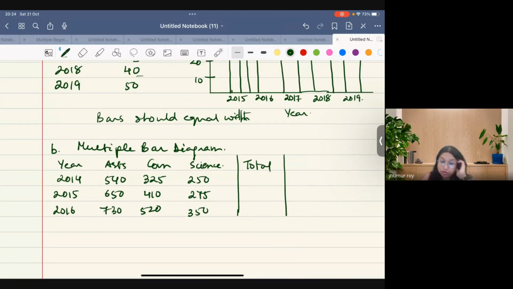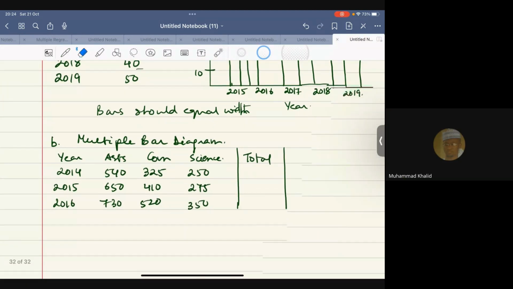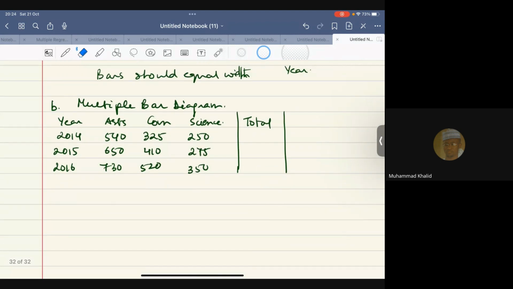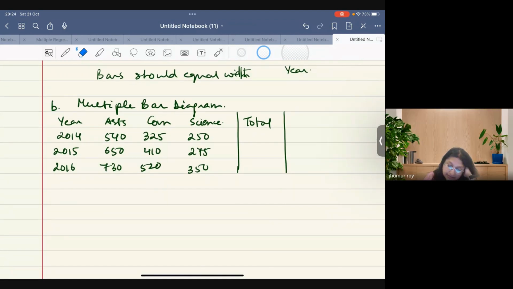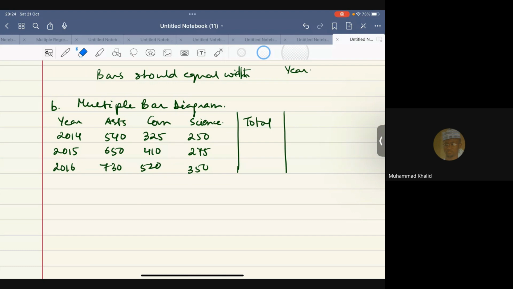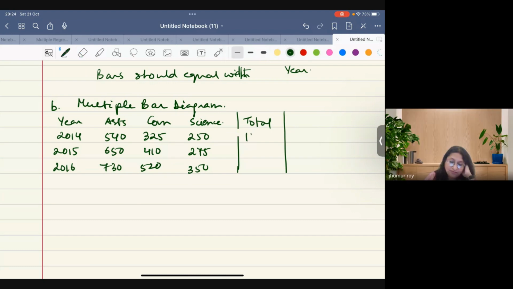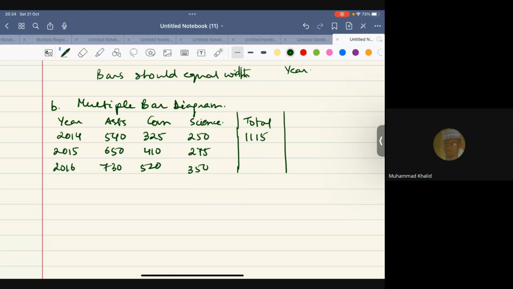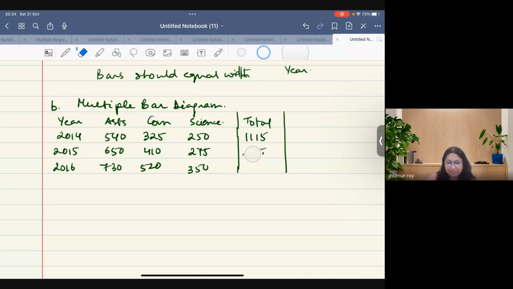Okay, so I'll be drawing two different things. For 2014, the total is 1,115. Second, for 2015, it is 1,275.